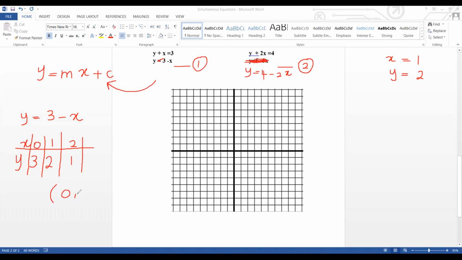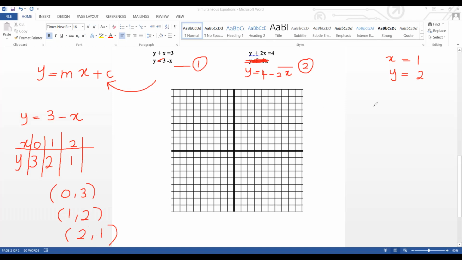I'll get 3 coordinates: 0, 3, and then 1, 2, and then 2, 1. Right, up to this, what I have done, I have taken three values for x, and then according to that, I got the three values for y, and then I have written those three coordinates, right?